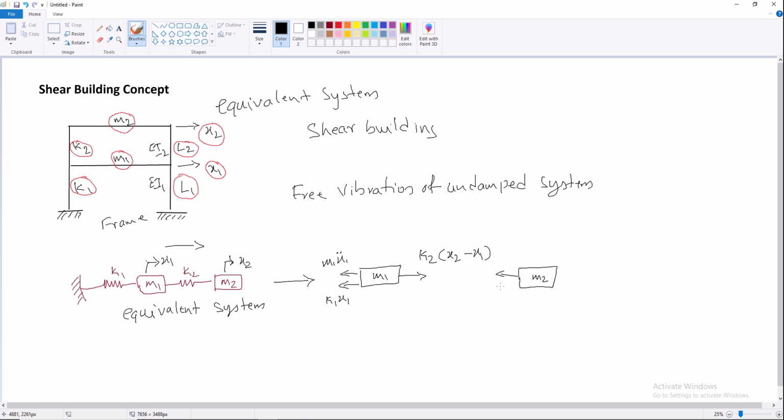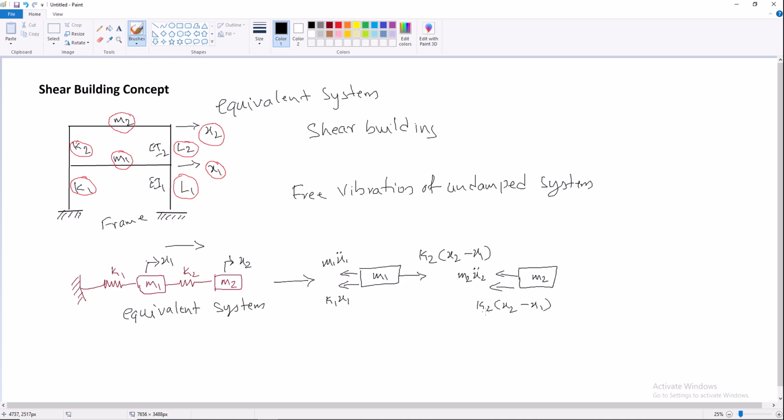In this direction the force is expected, which is again k2 times (x2 minus x1), and this is m2 x2 double dot. So in this direction this force is expected, and in the other direction we do not have any force to act on the mass m2.